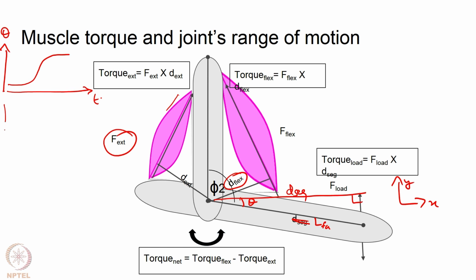The angular velocity will look like that, approximately there, or somewhere earlier you are going to have the peak. So, that is theta dot versus t.